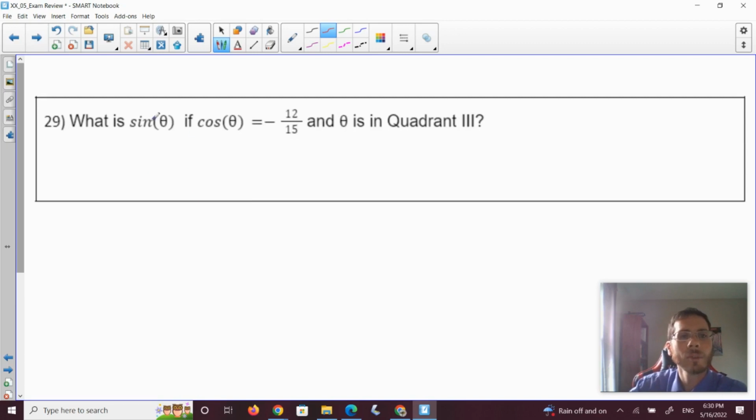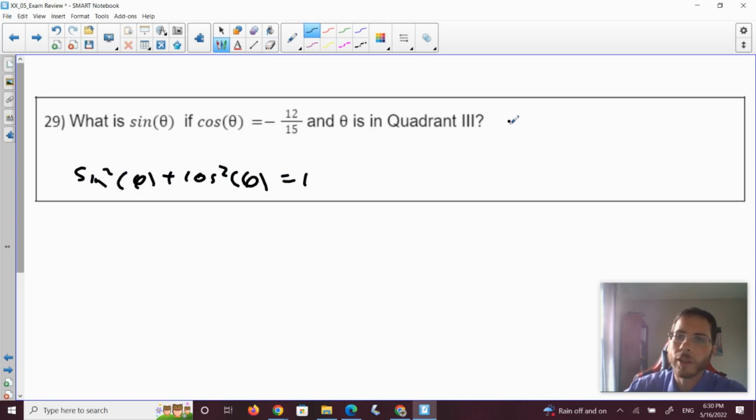For 29, what is sine if cosine is negative 12 over 15 and theta is in quadrant 3? So first off, we're going to do sine squared of theta plus cosine squared of theta is equal to 1. So sine of theta is what we're trying to find, so we'll make x equal sine of theta.